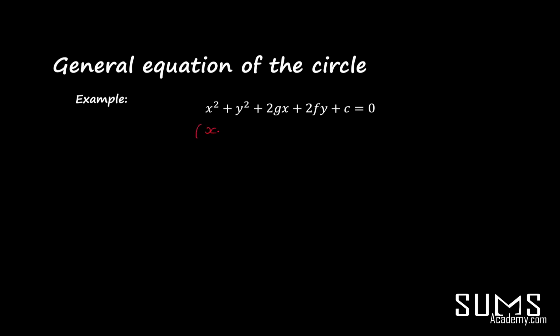You get (x plus g) squared minus g squared plus (y plus f) all squared minus f squared plus c equals 0. Because remember, when you complete the square, you take half the value and take away the square of that value, which is what we've done here.